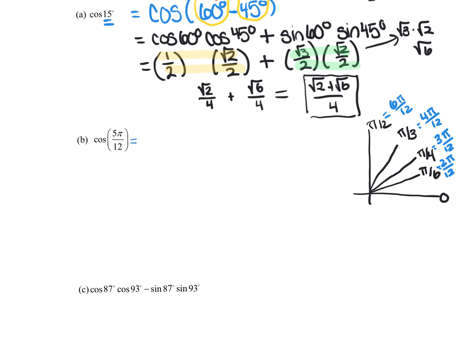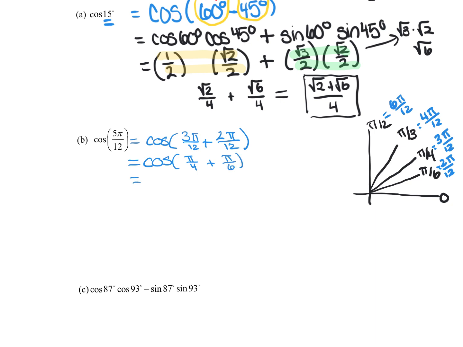So this is going to equal cosine of 3 pi over 12 plus 2 pi over 12, which I'm going to write one more time with their real names so that we know what angles on the circle to use. So instead of calling it 3 pi over 12, 3 pi over 12 is pi over 4 plus 2 pi over 12 is pi over 6.